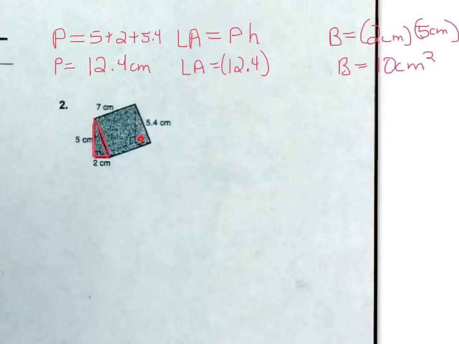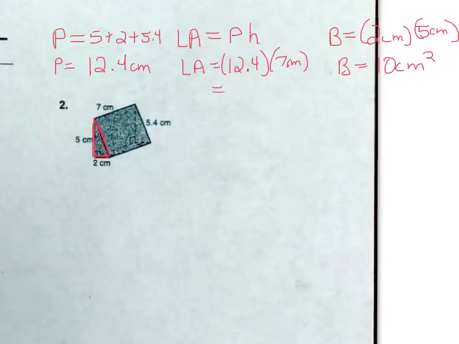The bases are the two triangles because, as you remember, this is called a triangular prism because the bases are triangles. So when we talk about the perimeter, it's around the base, and the height, well, the height is what connects the two bases, so it's 7 centimeters. So here we multiply by 7 centimeters.